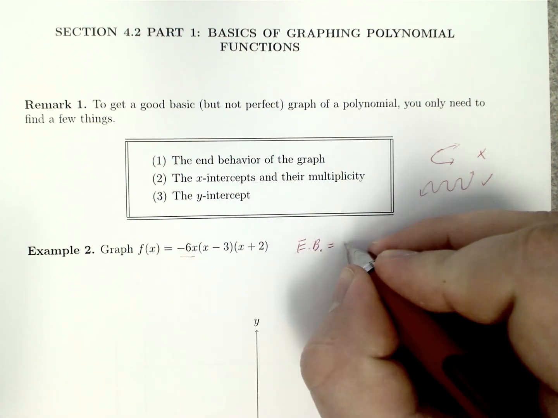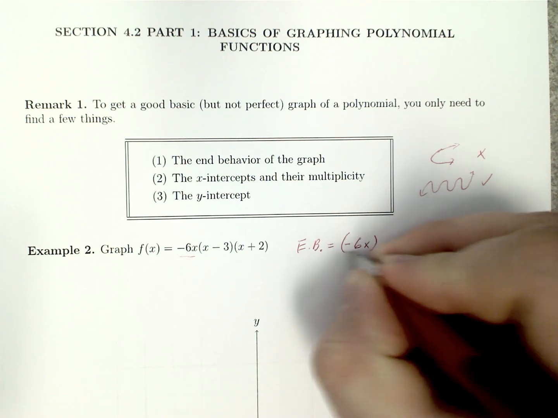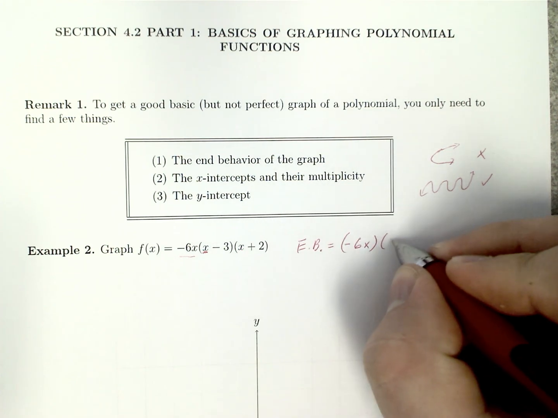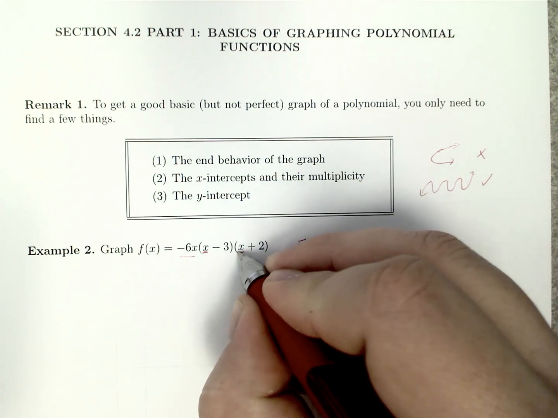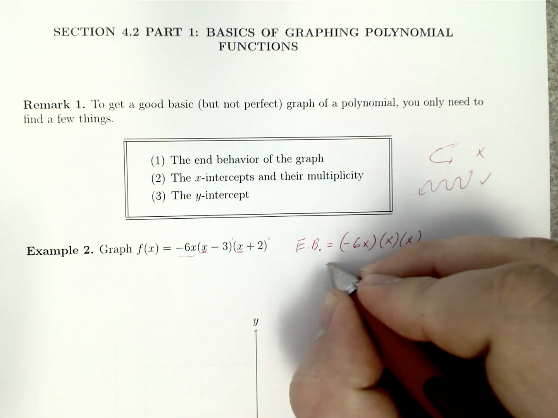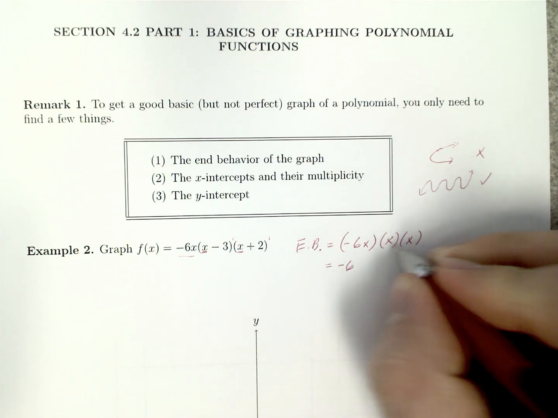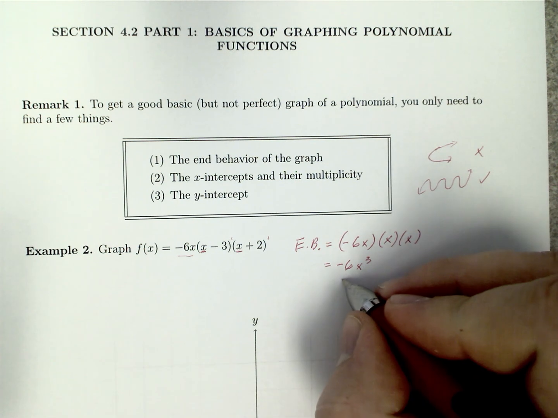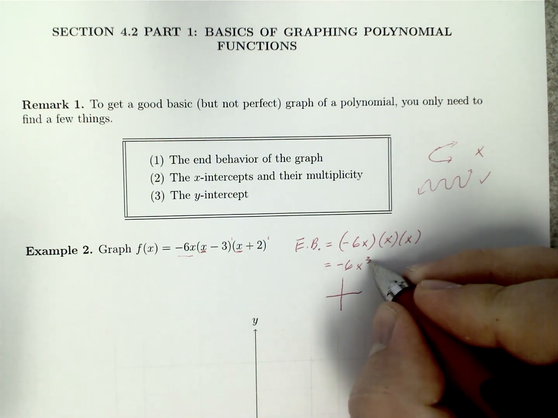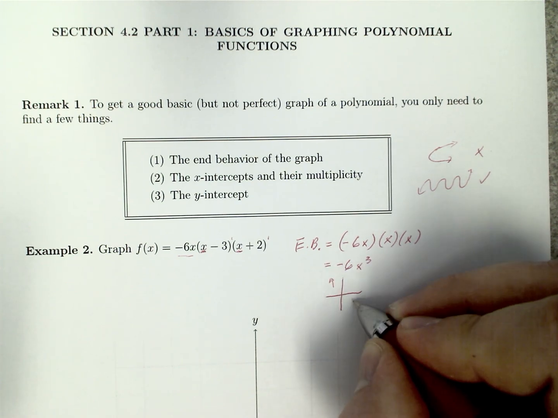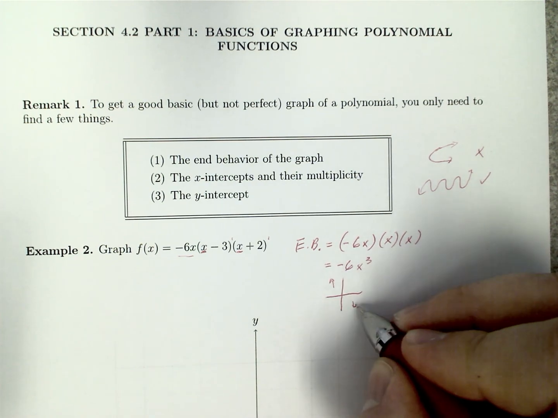Negative 6x is to the first power, so times x. Each of the other factors is also to the first power, so also times x. And we get negative 6x times x times x, which is x cubed. So our end behavior is an odd power with a negative coefficient, so it's going to look something like this: an arrow up here and an arrow down here.